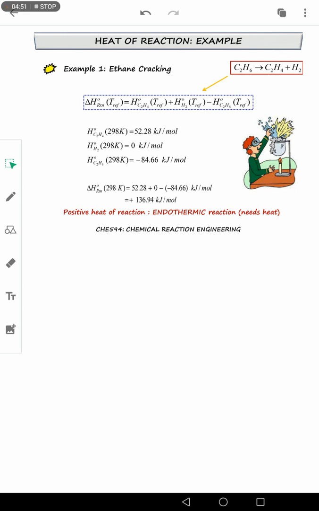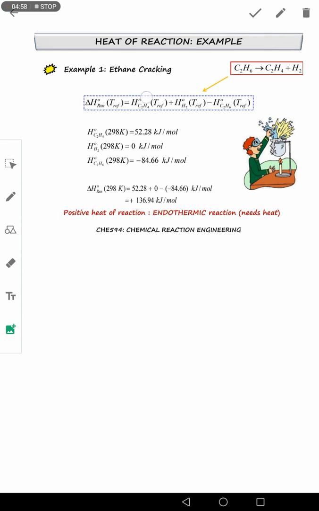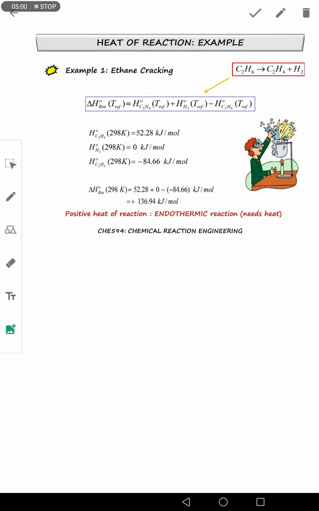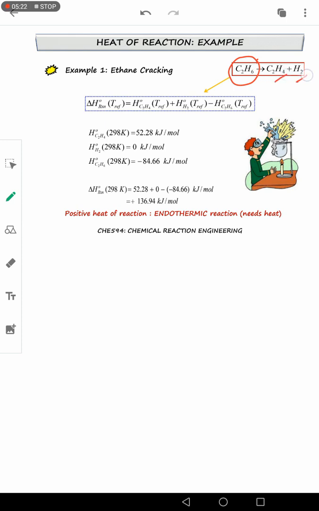Sebabnya contoh dia bagi ethane cracking. So the heat of reaction specific at T reference, enthalpy example, ethene dengan hydrogen minus enthalpy of ethane as product. So maksudnya yang ini adalah ni contoh, ni adalah ethane. Dia akan decompose into ethene and also hydrogen.